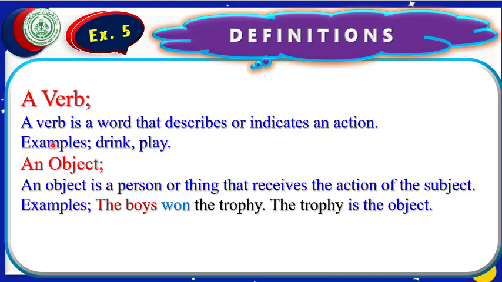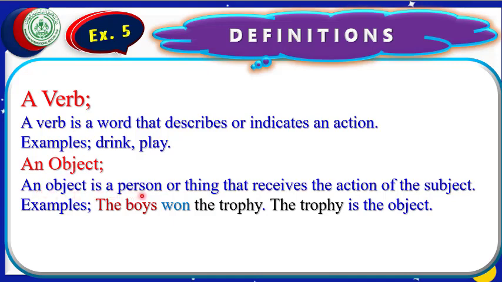Examples are drink, play. Both of these words are telling us about actions. That is why they are called verbs. Okay, let us try to understand an object now.